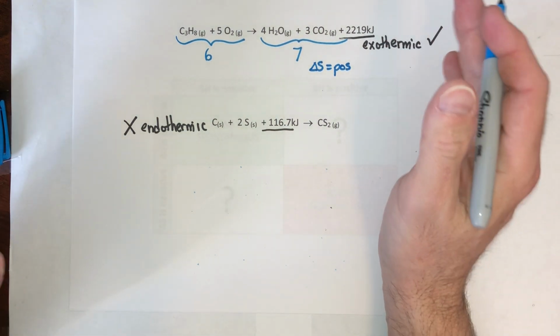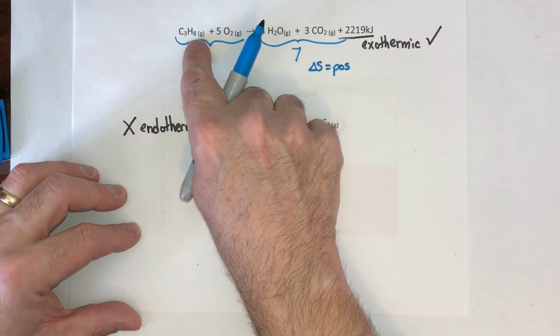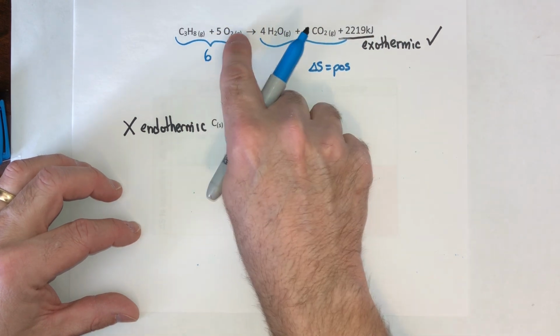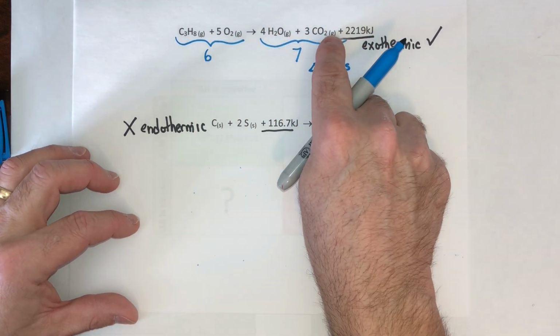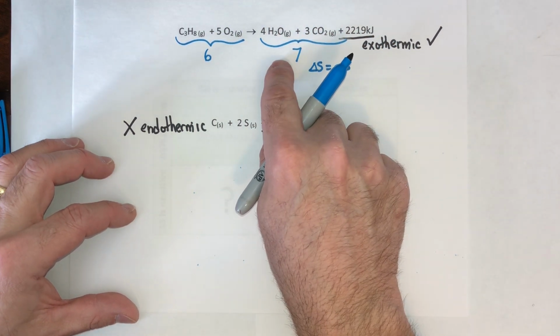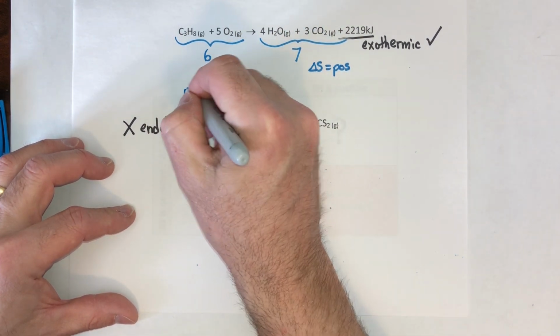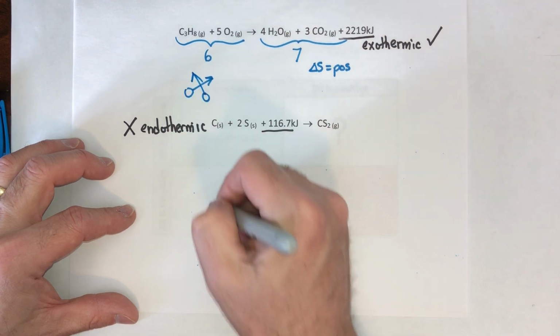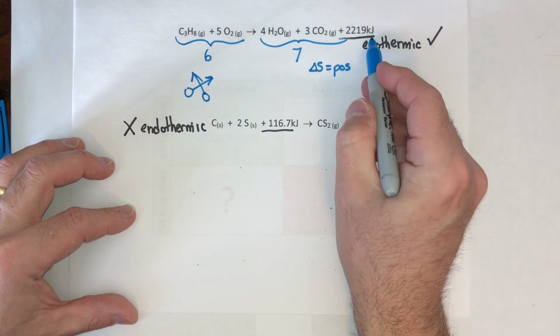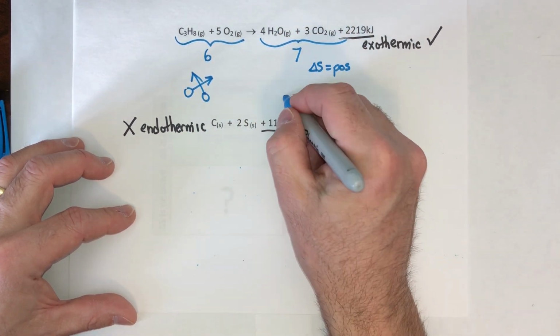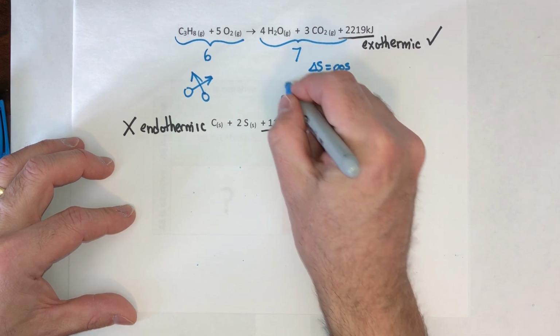But we said the other thing you got to look for is phases. Is it a gas? Is it a liquid? Is it a solid? Is it an aqueous? And this problem is kind of like the last one, right? You started off with all gases. So in the beginning, everything is high chaos. And what do you end with? You end with everything that's a gas. So at the end, you're high chaos.